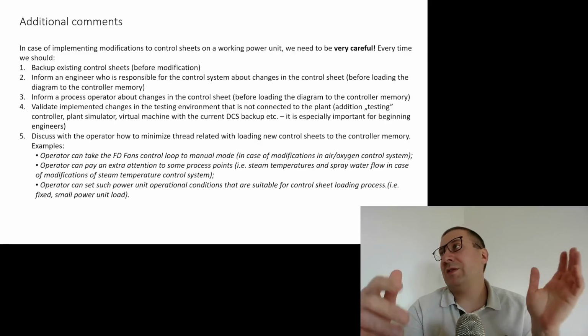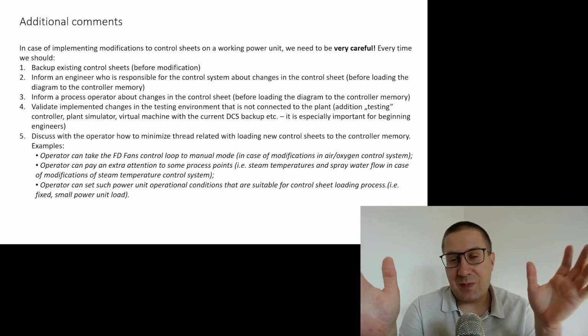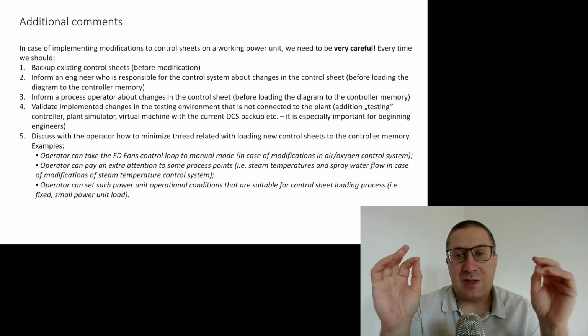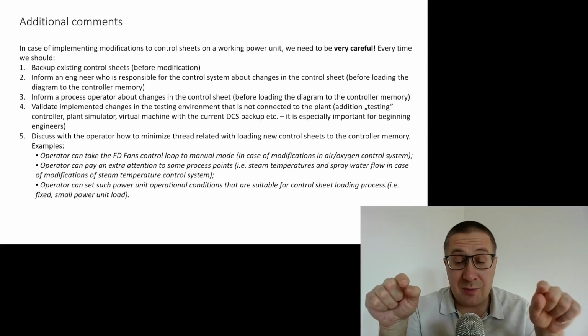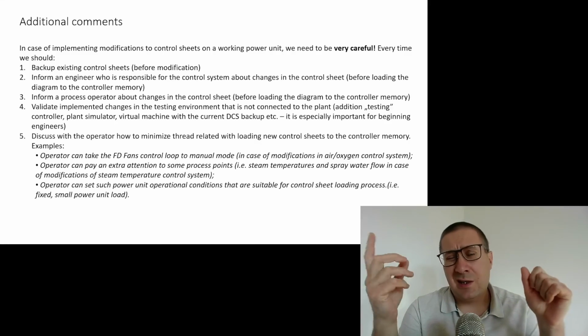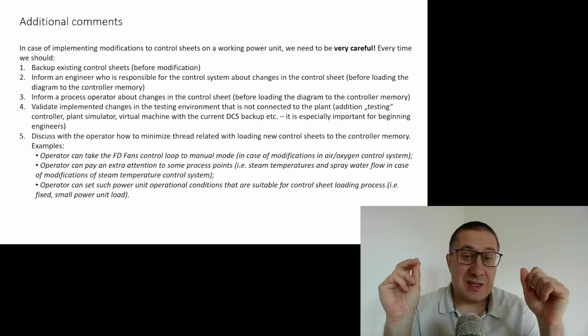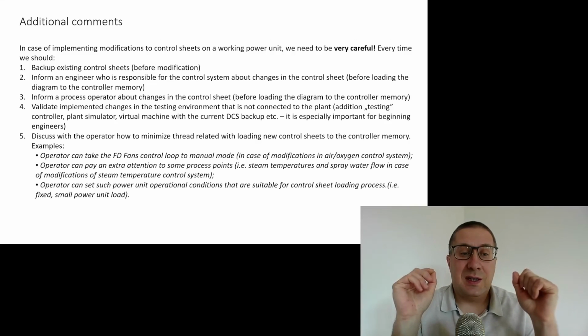So even if we do some stupid things, the forced draft fans will operate in manual mode, and we will be able to look into the memory of the controller and see that all those values are strange, right?